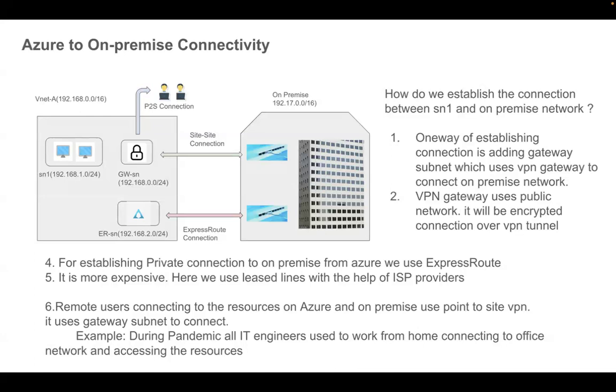So in this case we use the leased lines. These are widely used for establishing ExpressRoute. If somebody says they have on-premise and an Azure cloud, then you can think that they are using ExpressRoute and there is a leased line.